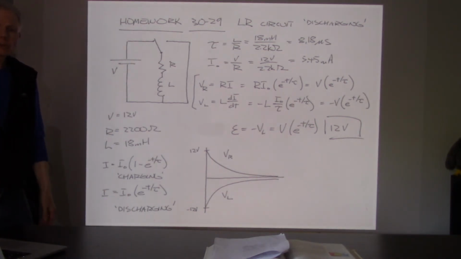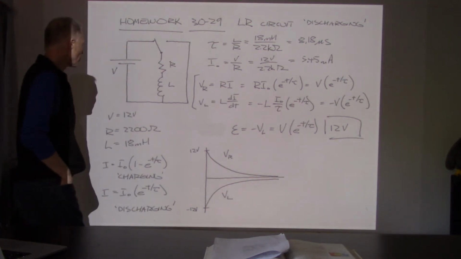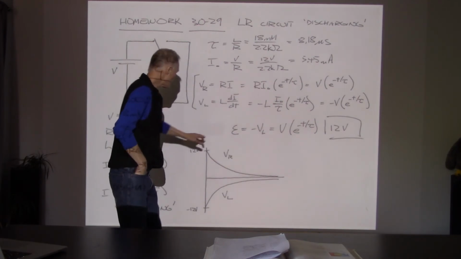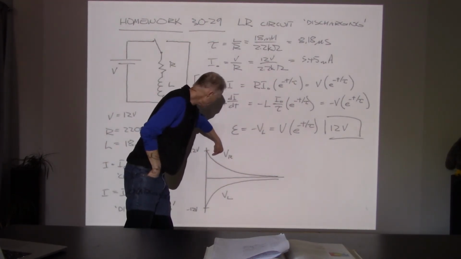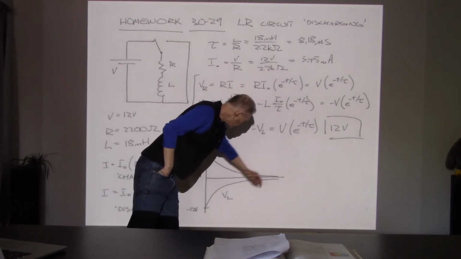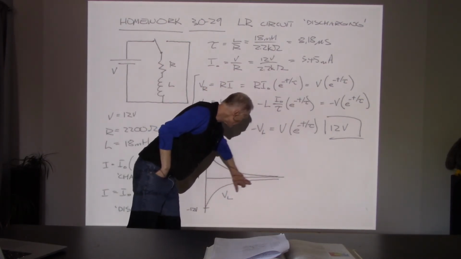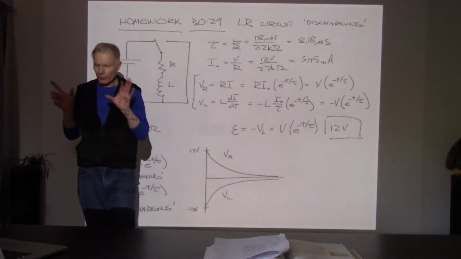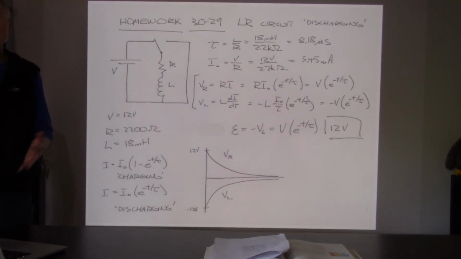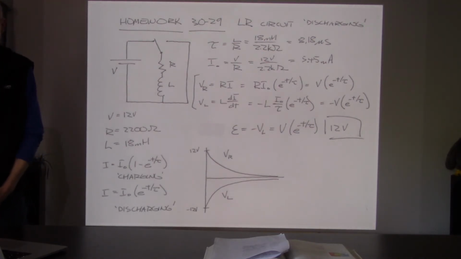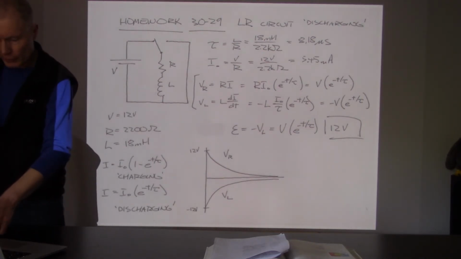If we look at the VR and VL, that voltage in the resistor is going to drop off exponentially, and so is the voltage across the inductor. But at each point, the voltages will measure equal and opposite values. They'll add up to be 0, which is what you're going to expect for the circuit the way it's set up.